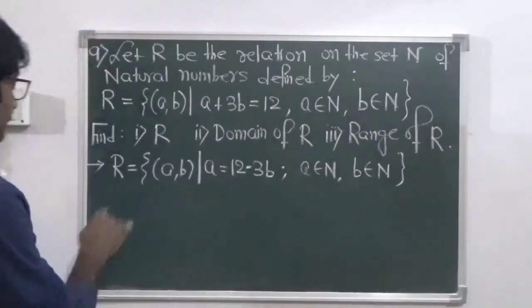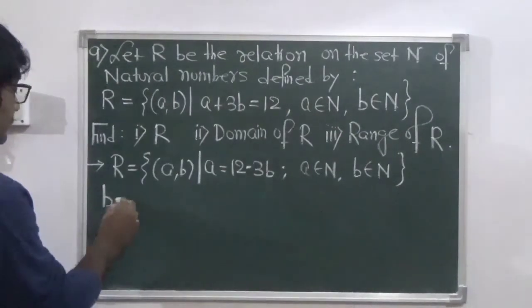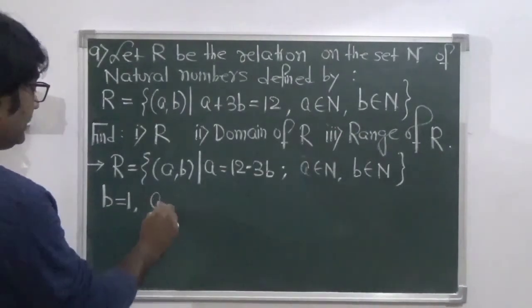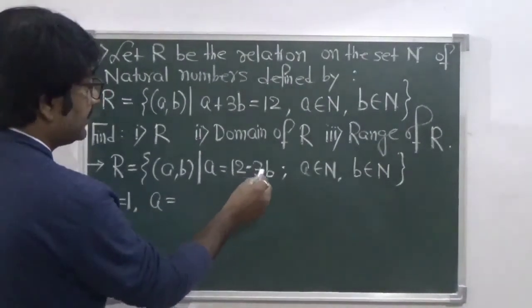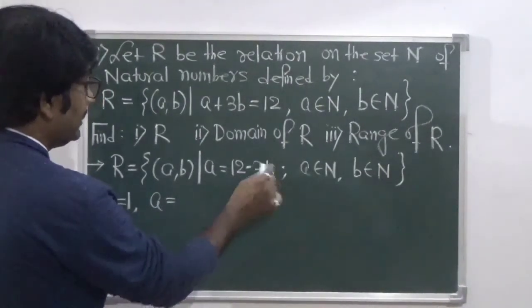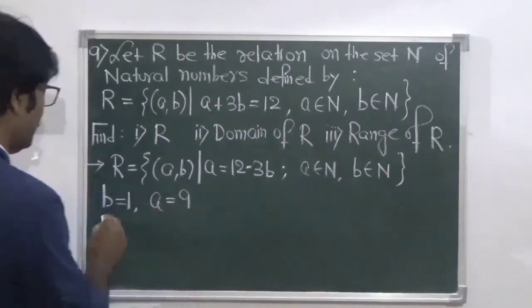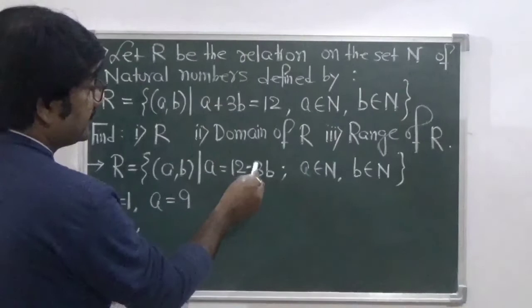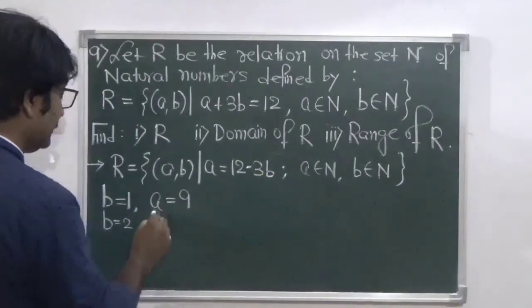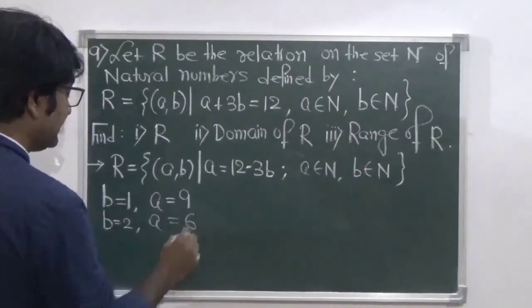So here, when B is equal to 1, then A is equal to how much? When B is 1, it is 12 minus 3 into 1, that is 12 minus 3, and that is 9. When B is equal to 2, it is 12 minus 3 into 2, that is 6. So A is equal to 6.